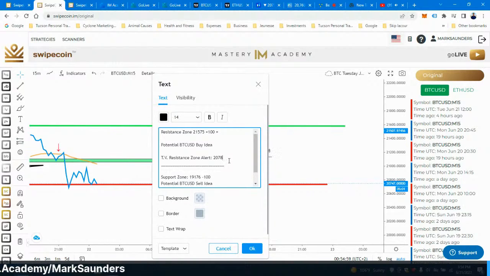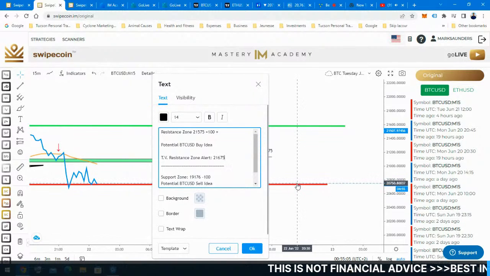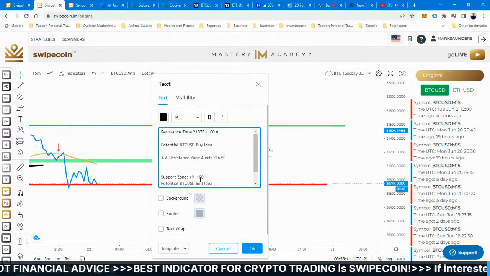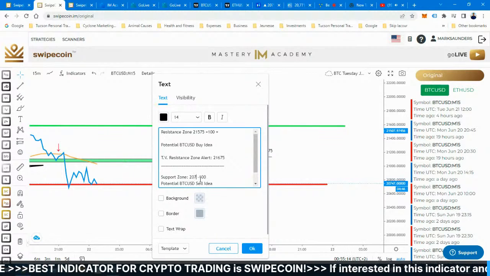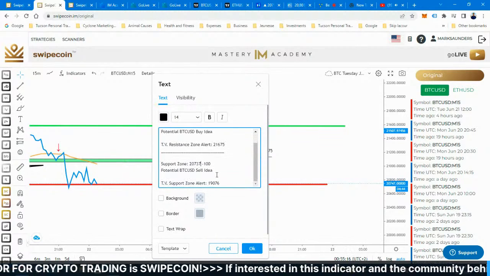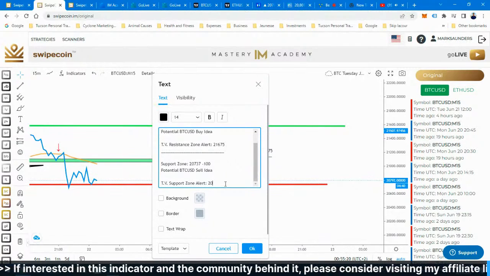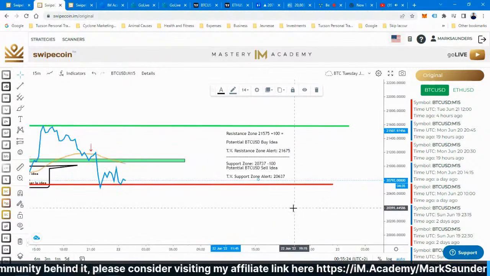Plus 100, 21,675. The support is going to be 2737. Minus 100, 2637. All right.